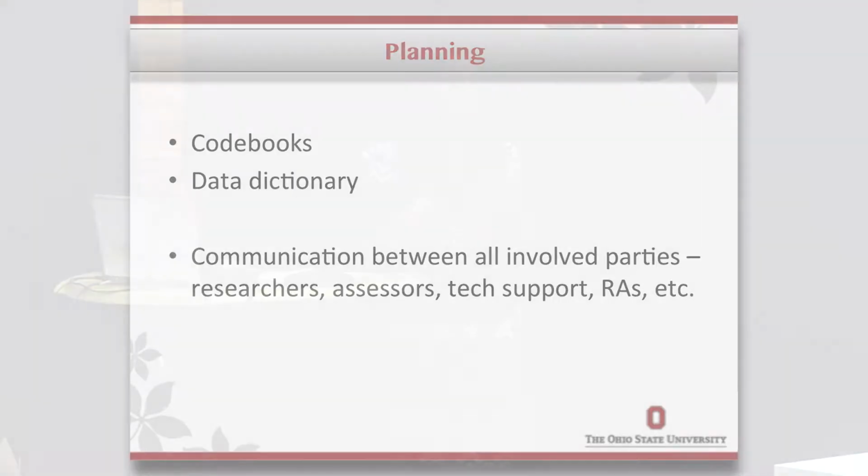And then the data dictionary lists the variable names and what they mean, what measures they are, and the values, all that sort of thing, so that if a statistician or even yourself down the road doesn't remember, if somebody picks that up, you know what all those variables are. And then the other really, really important thing was communication, especially for us. We were a big study across multiple sites. We had several teams even here within OSU, so the communication piece is really important. So that's something to plan for in advance.